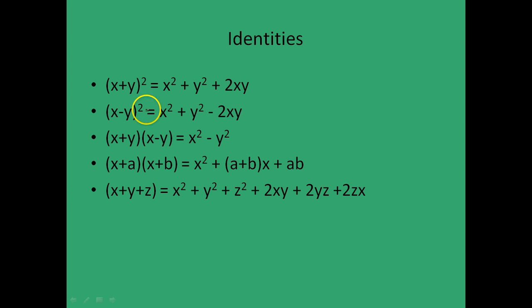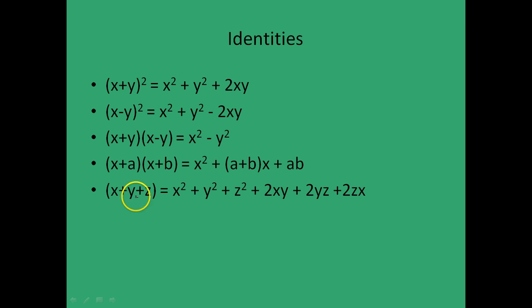Now it is time to recall some identities that we have learned in earlier classes. That is, x plus y whole square is equal to x square plus y square plus 2xy. x minus y whole square is equal to x square plus y square minus 2xy. x plus y into x minus y is equal to x square minus y square. x plus a into x plus b is equal to x square plus (a plus b)x plus ab.